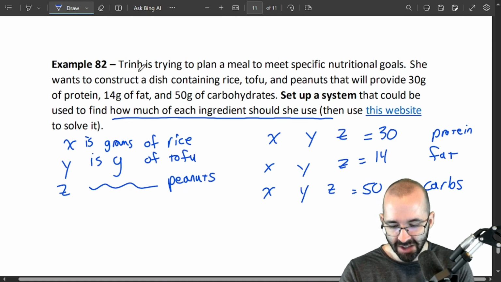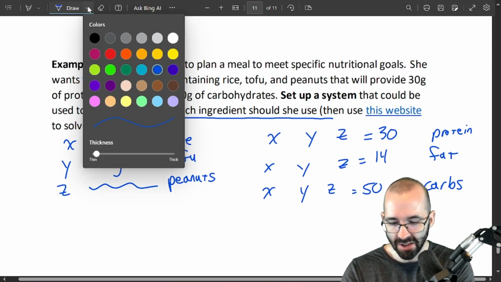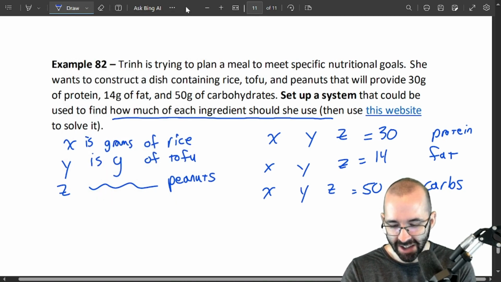Okay. So for Y, tofu. Oh, we should let's color code them maybe. I don't know. Tofu is going to be 15.57 grams of protein.